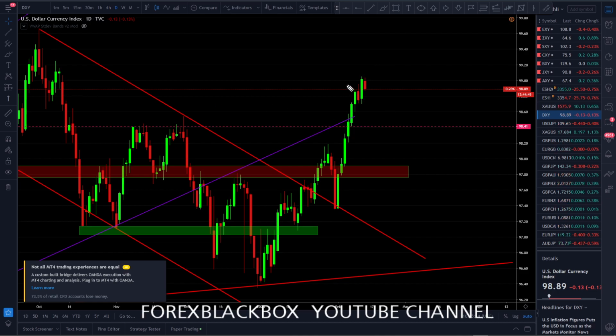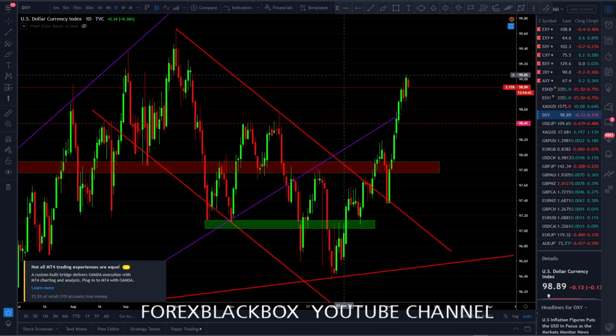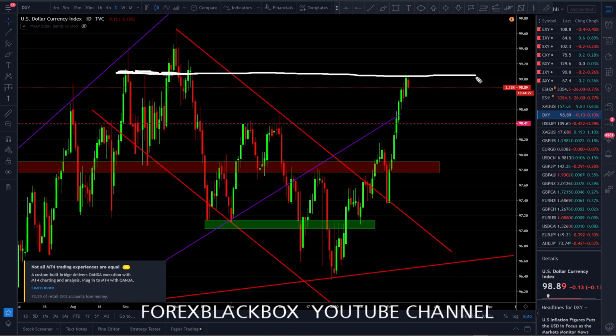So far with what we hit here, what we touched, we have a few levels here to support this. We have one, two. We have this level. We have this close, and that could be a nice level to short from. So let's see. We'll have a pattern here. We're coming back up to retest this area.